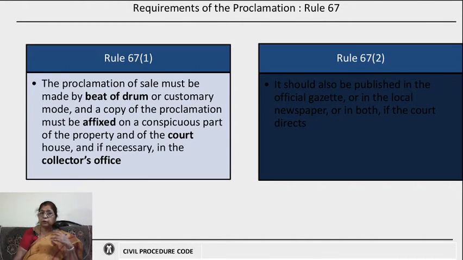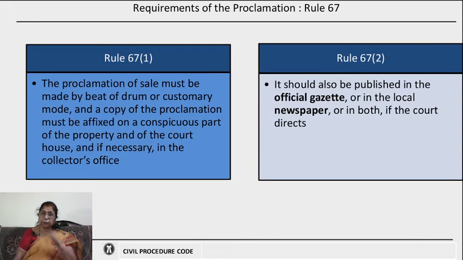Rule 67 speaks about the further requirements of the proclamation. The proclamation must be made by beat of drum or any other customary mode prevailing in that area, and a copy of the proclamation must be affixed on a conspicuous part of the property which is to be sold, and also on a part of the courthouse, and if the property is assessed to revenue, then it should also be affixed in the collector's office.